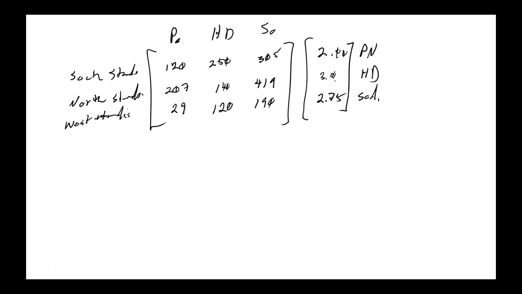Now, there are several things you can do with this, and one thing would be this. What is the revenue, the gross revenue that you got at each of the stands? Okay?